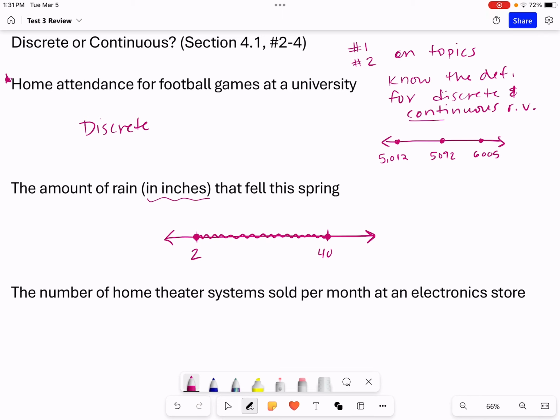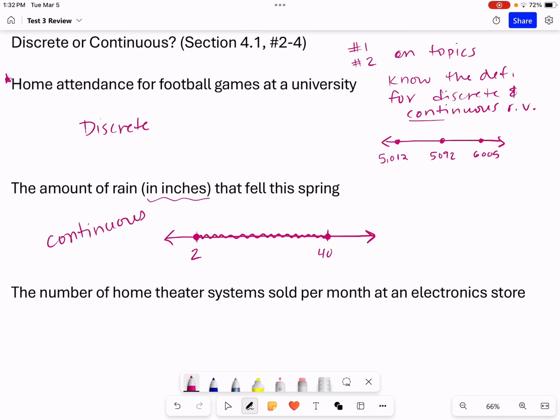So it doesn't have to be 2 inches and then 3 inches and then 4 inches. It could be 2.7 inches, which makes that continuous. There are an infinite number of possible amounts of rain that we could have had.